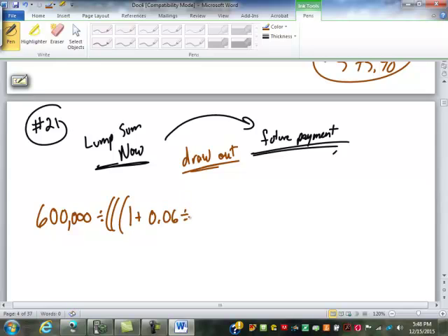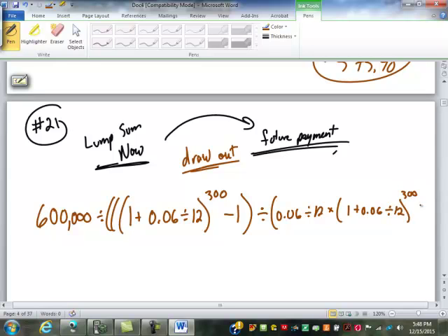We're still drawing out monthly, so divided by 12, close parentheses. 25 years times 12 is 300 periods, so to the power of 300, minus 1, close parentheses, divided by, open parentheses. Now here's where we have the extra factor: 0.06 divided by 12, and then times 1 plus 0.06 divided by 12 to the power of 300, close and close.